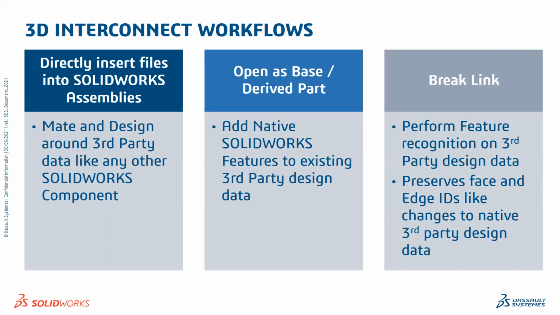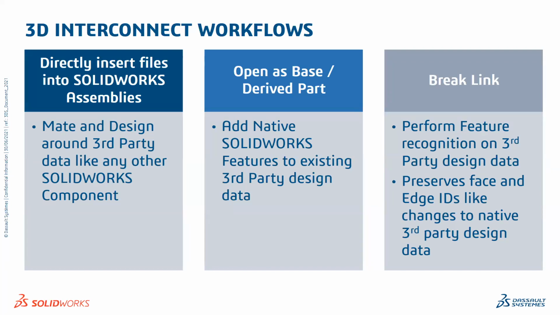Or if you already have another third-party CAD but want to add some more features, you can always add them, because the edge IDs and other things are going to be preserved. Whenever you change the base part in the other CAD, this will be updated also. Or if you want to make complete changes, or independently make changes in the third-party CAD, you can always do so by breaking the link.